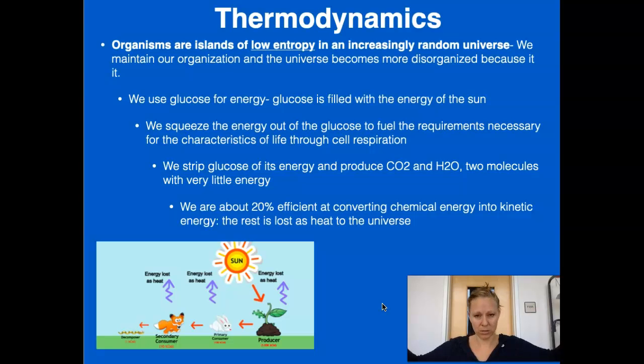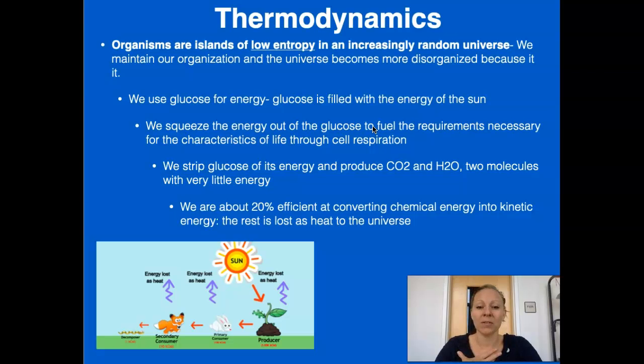So we use glucose for energy. And the glucose is filled with the energy from the sun. We squeeze the energy out of glucose to fuel our requirements of low entropy, of not falling apart, to maintain the characteristics of life through cell respiration.